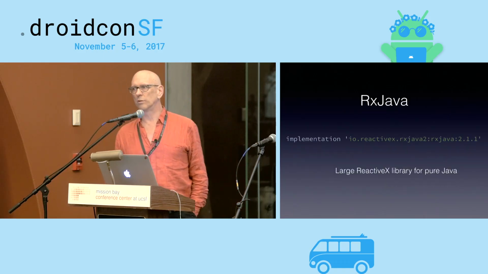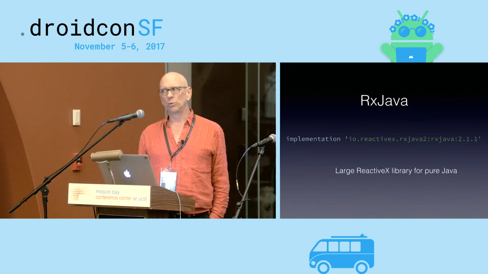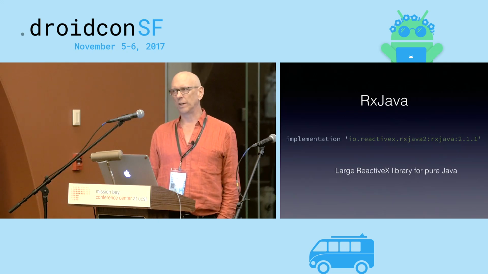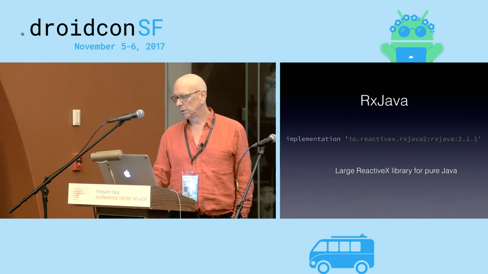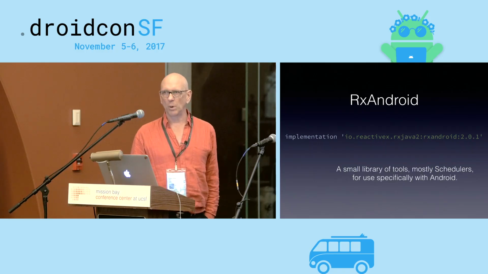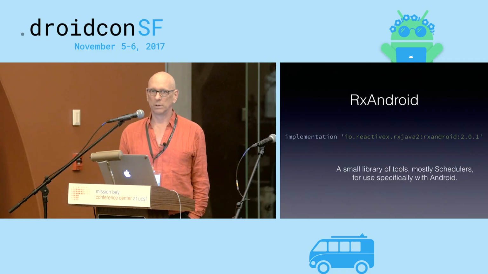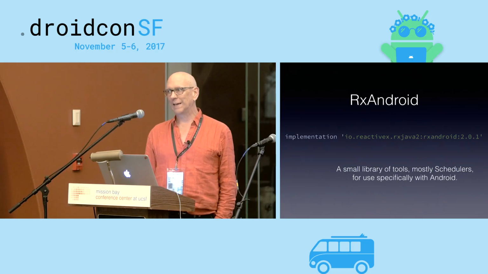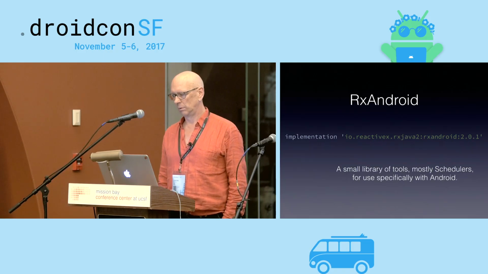It's huge. It's quite a large thing. And it's applicable to any Java pretty much anywhere. RxAndroid is a very small library, mostly schedulers, that works for Android. You probably want them both.